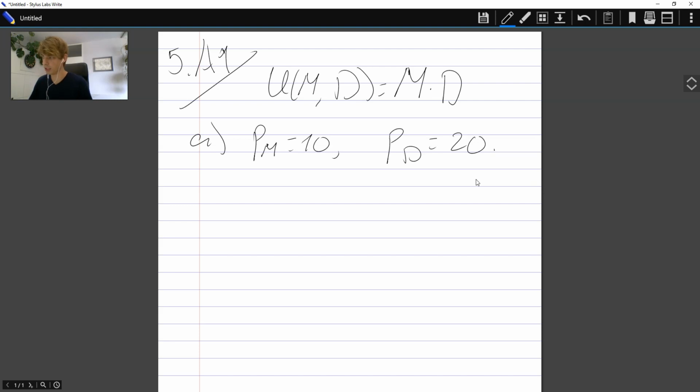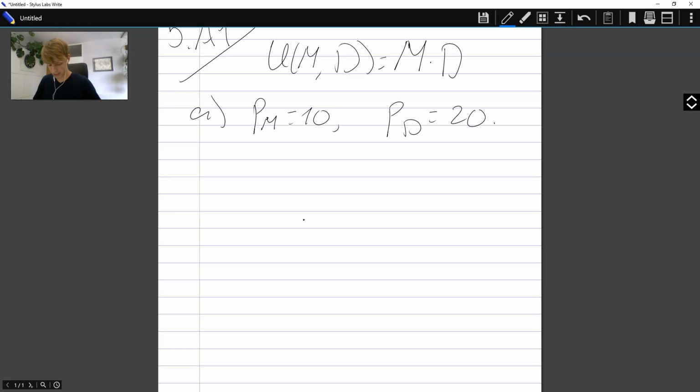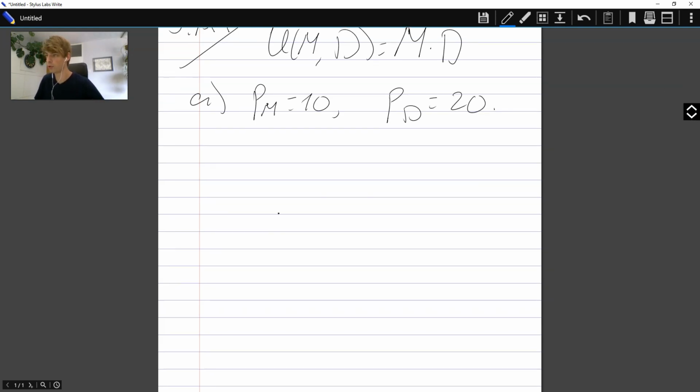So let's start with the income expansion path. What is an income expansion path? Well, it tracks the optimal consumption bundle in the MD plane as income increases.